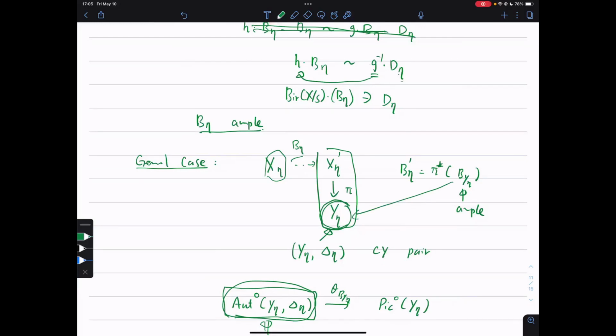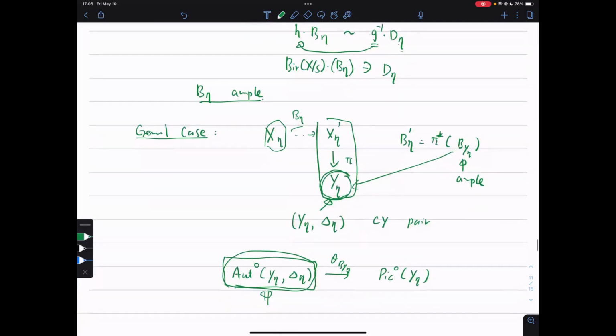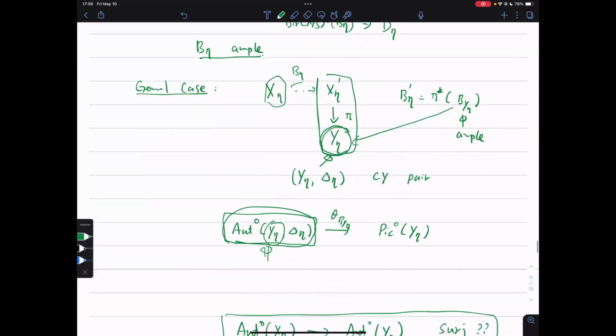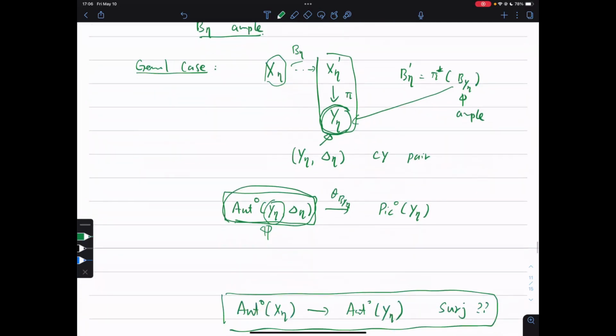So surjectivity holds on the level of the base, meaning on this Aut Y, we get a surjection. But we are only allowed to use Aut X, because our birational Kohn conjecture is about automorphisms of X, not automorphisms of Y. So we need to make sure this automorphism of Y we are using comes from the top.